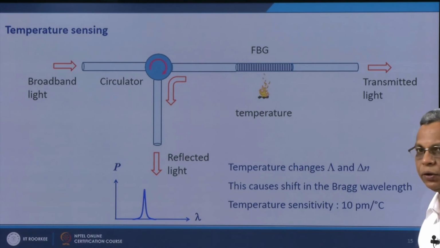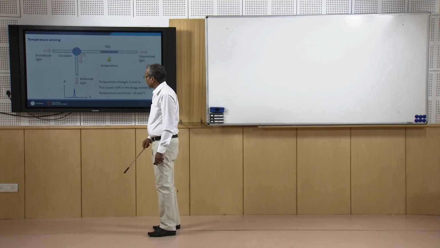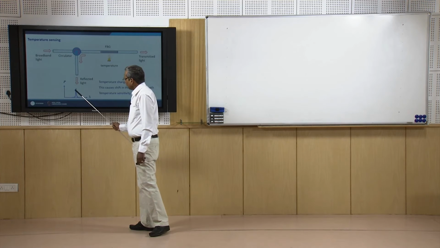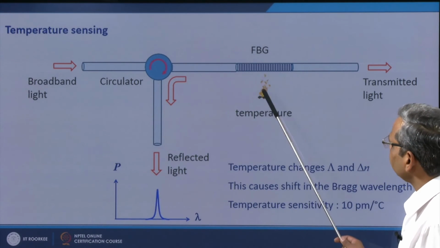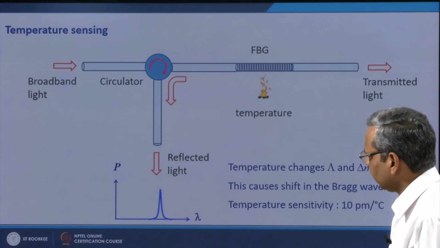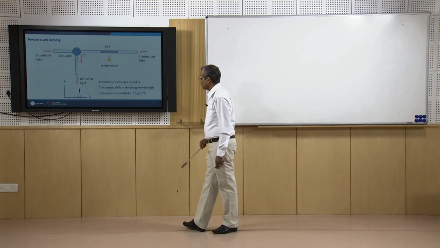This you can feed into optical spectrum analyzer or any wavelength meter. Then you find out the peak reflection wavelength, and when the temperature changes or strain changes, then this will shift the Bragg wavelength.